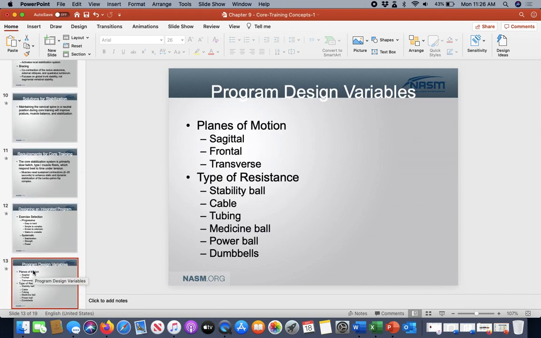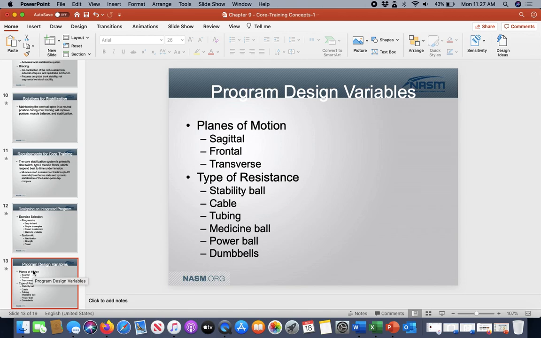So again, we talked about planes of motion being there in all three. Now with core, you definitely want that because you want your spine, the lumbar region, to really feel the different loadings that are placed on the axial, well, more the axial skeleton, the more centralized region skeleton. Whereas frontal, you're talking more side to side, and then transverse is definitely rotation.